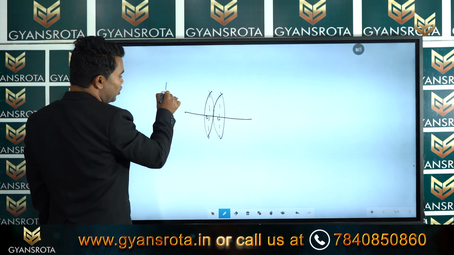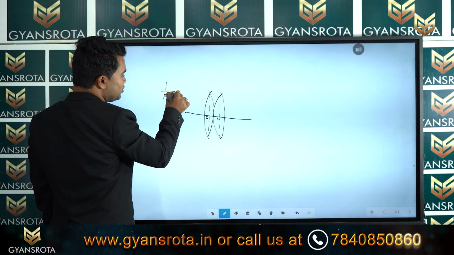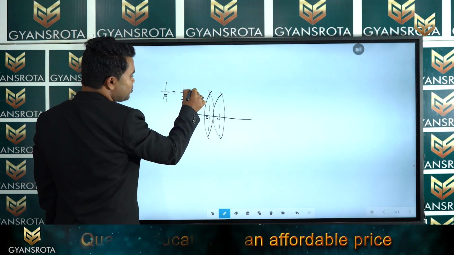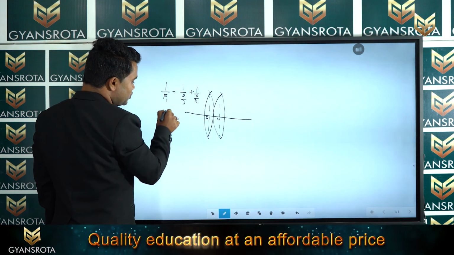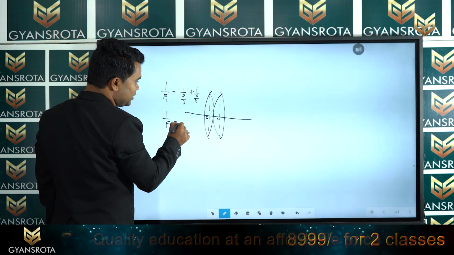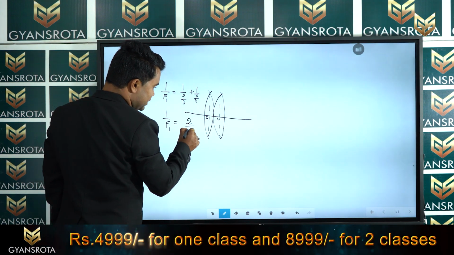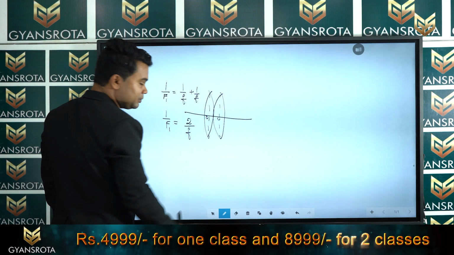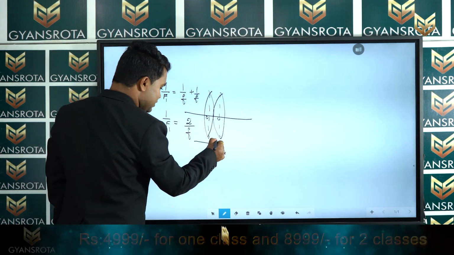We know that 1 by f1 will be equal to 1 by f plus 1 by f. Their focal lengths were similar. So 1 by f1 is coming out to be 2 by f. Yes or no, my dear? There were two focal lengths. Put it as equation number 1.